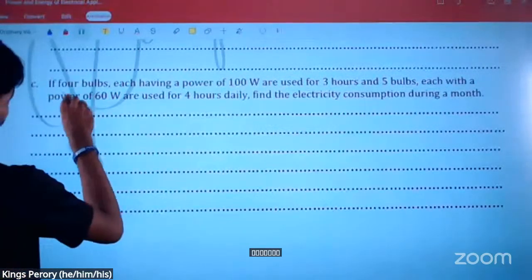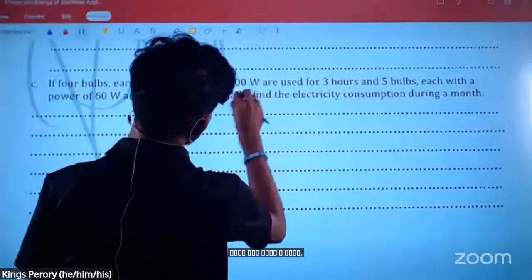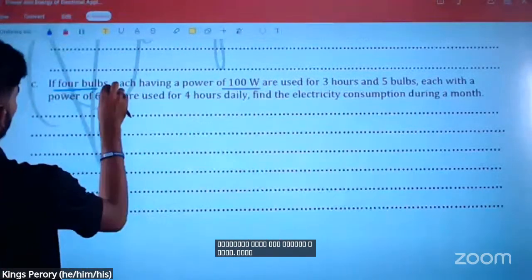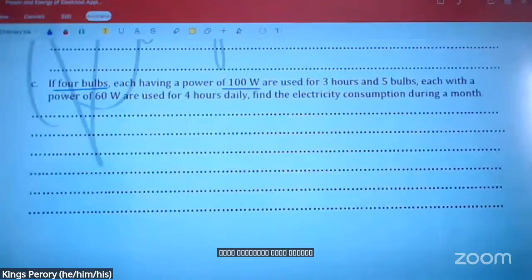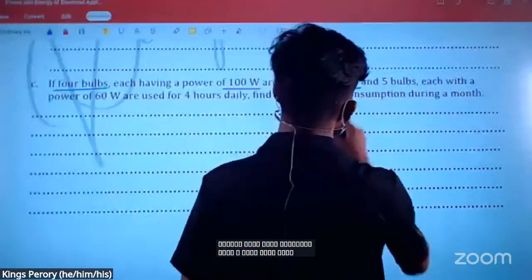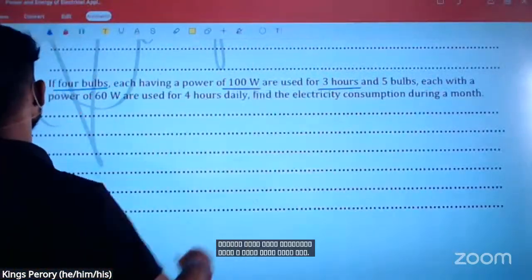If 4 bulbs, each having a power of 100 watt, are used for 3 hours, right? 4 bulbs, each 100 watt, 3 hours.